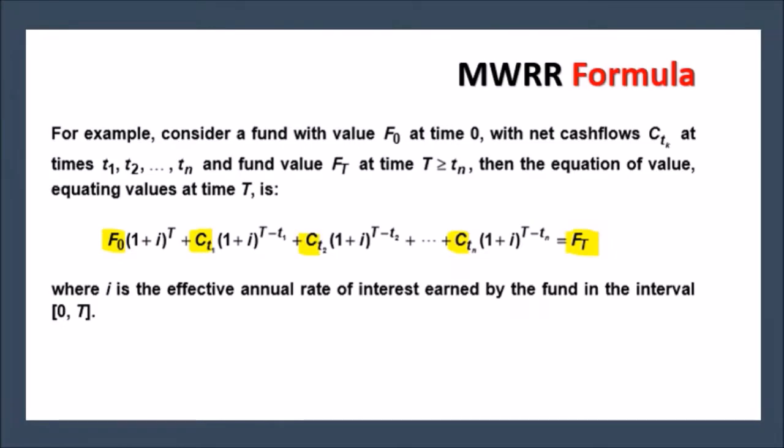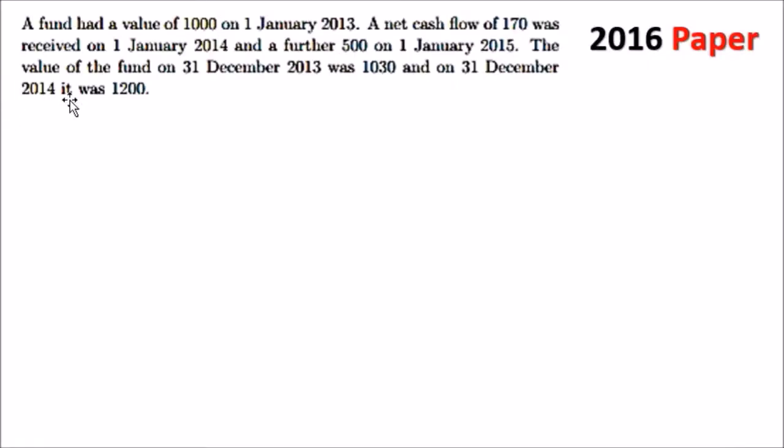So let's look at the main example. This is from a 2016 paper from, I think, LSC. The example was that a fund had a value of 1,000 on the 1st of January 2013. So let's say £1,000. And a net cash flow of 170 was received 1 year later, and a further 500 2 years later.